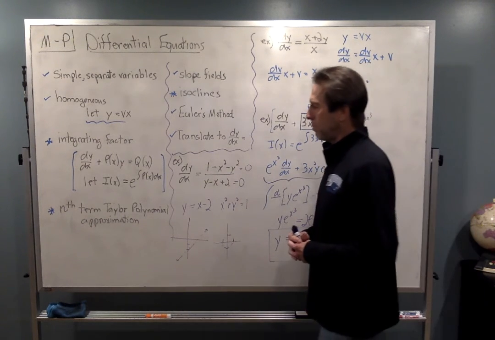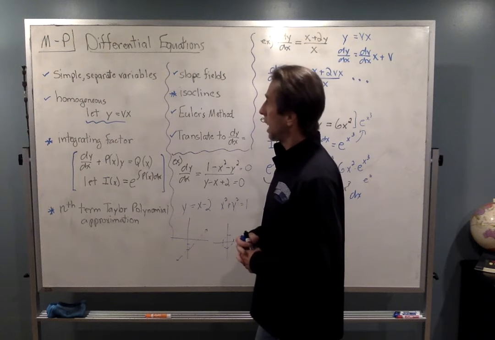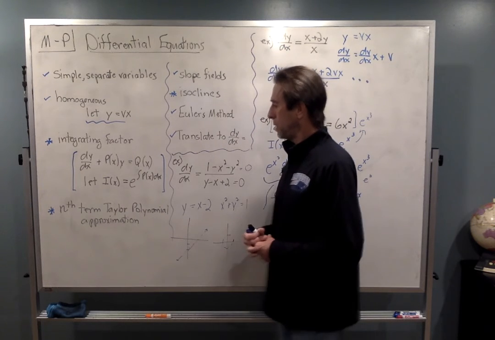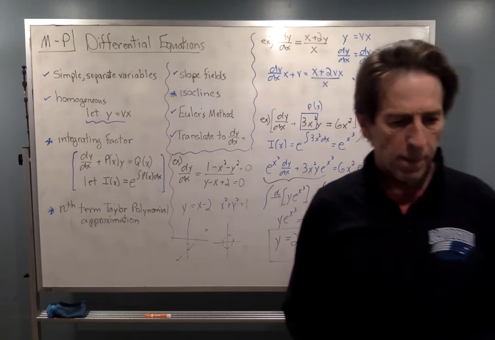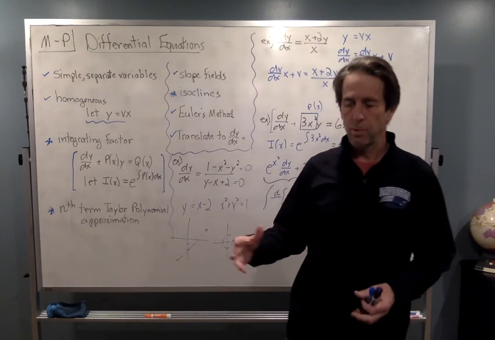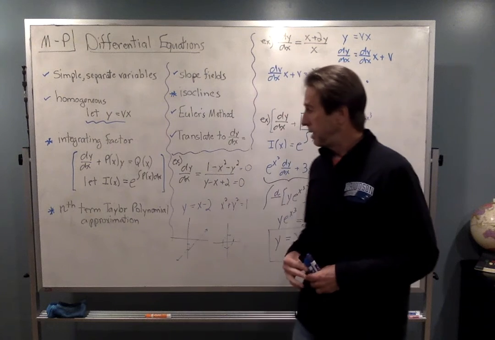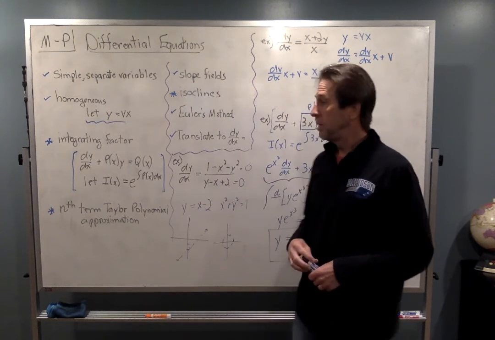Now the final thing I have up here is the last thing in P, the nth term Taylor polynomial approximation. This is a nice way to kind of connect something we had done earlier in this unit, and that is working with Taylor polynomials.